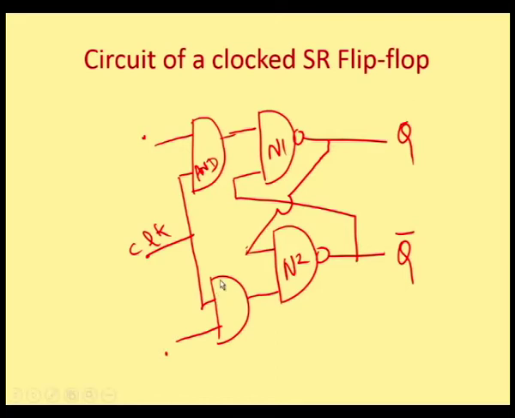So when the clock equals 0, definitely the outputs of the AND gates are going to be 0, and you very well know that when they are given 0, your latch is not going to work, or it remains in its previous state. So I am going to append these two AND gates here and get a clocked SR flip-flop.